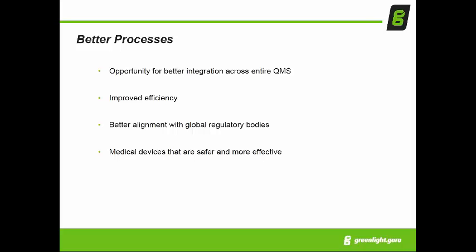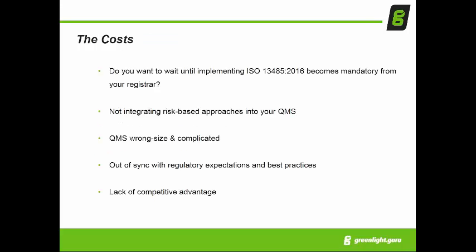So this goes across the entire quality management system to make sure that your team, your resources, your infrastructure, your personnel can follow these processes and procedures that you implement in a way that's going to ensure that the products that are being designed, manufactured, developed, and so forth, are as safe and effective as possible. The other key thing about these changes is making sure that you have better alignment with regulatory expectations. That's the key thing. Safe, effective alignment with requirements.